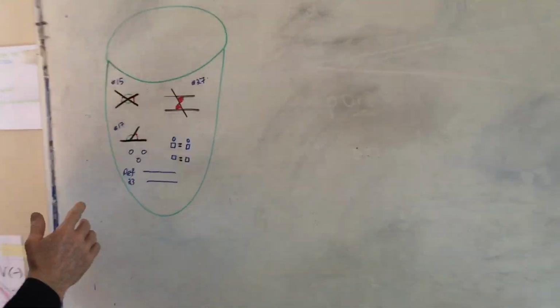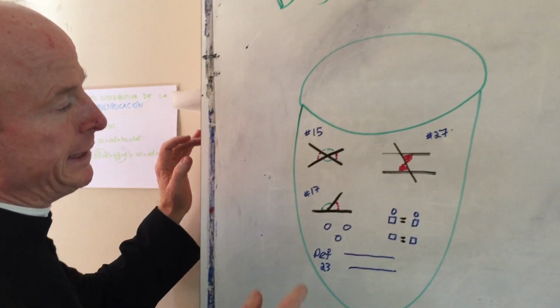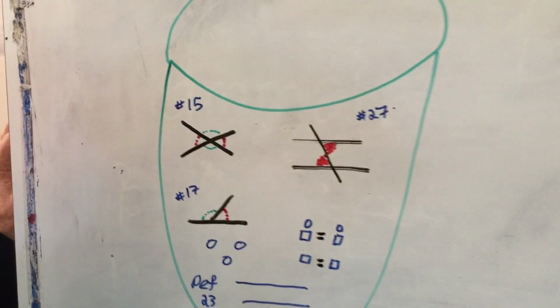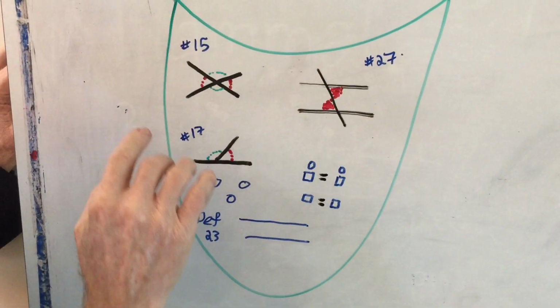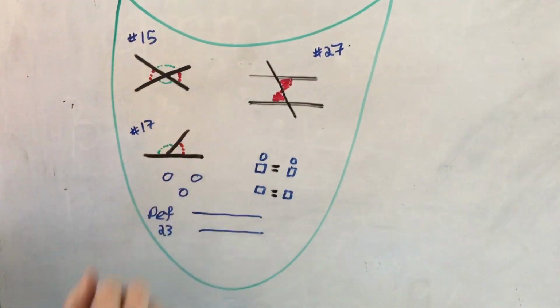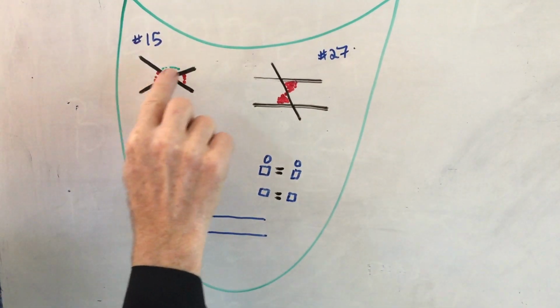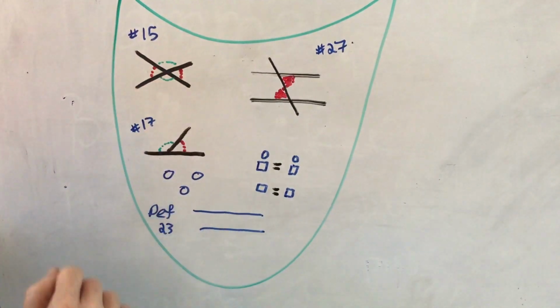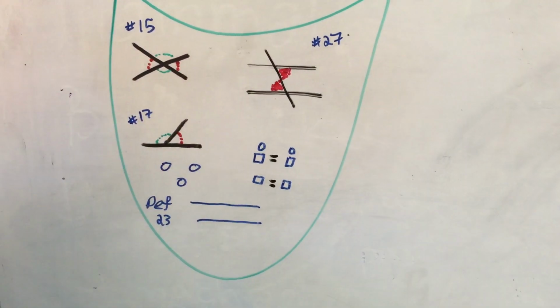Let's go to our bag of knowledge. Today, to do this Proposition 28, we're going to rely on Proposition 15, where we've shown that vertical angles are equal to each other. If there be two straight lines falling upon each other, the vertical angles are equal. These two are equal, and these two are equal to each other.